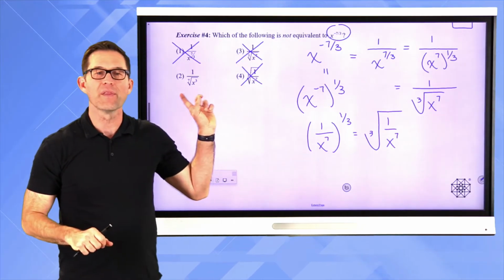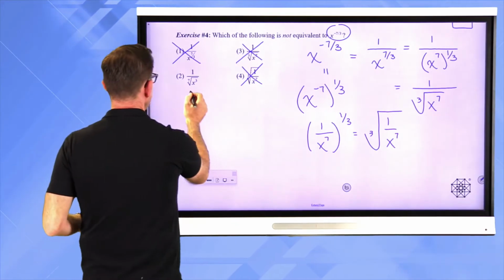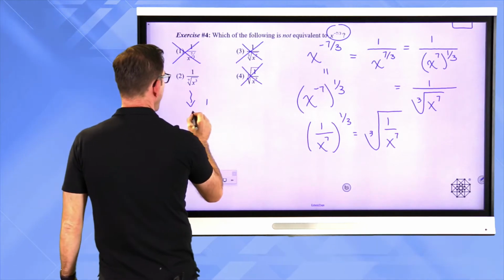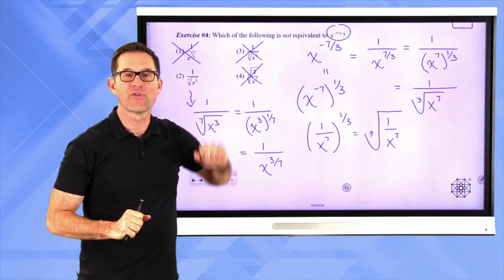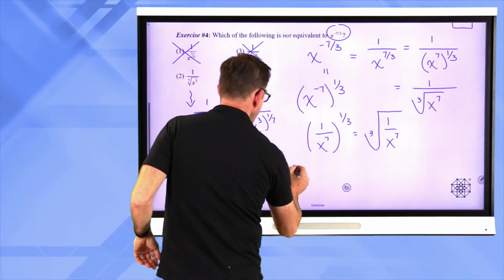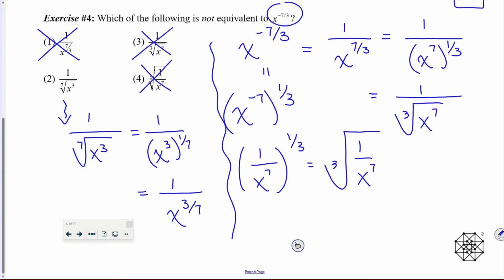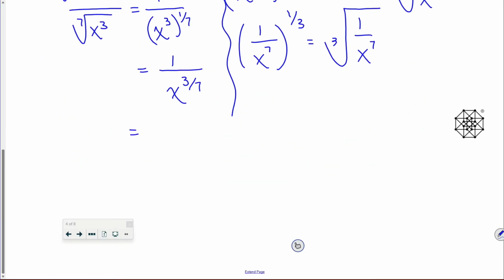It's only this one that I can't produce, and in fact, let's take a look at that one. That's 1 over the 7th root of x to the 3rd, but that would be 1 over x to the 3rd raised to the 1/7, which would be 1 over x to the 3/7. But I'm dealing with x to the 7/3, and in fact, going all the way, I could look at this as being x to the -3/7.